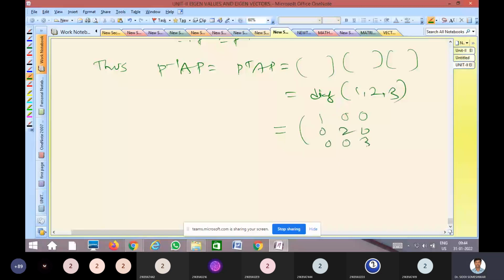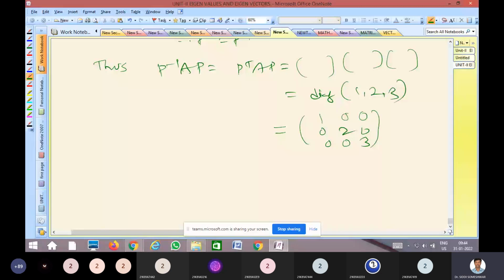So first we calculate the eigenvalues, then eigenvectors, then normalized eigenvectors, and then we write the model matrix P. You can observe that the matrix is orthogonal, so P inverse AP can be written as P transpose AP, which gives a diagonal matrix with diagonal elements 1, 2, 3.